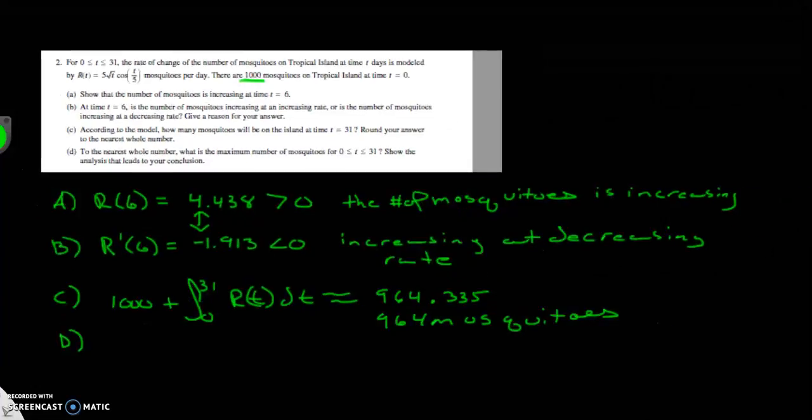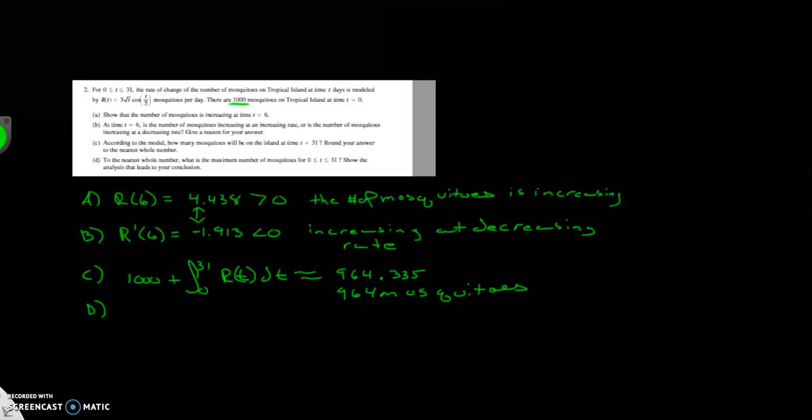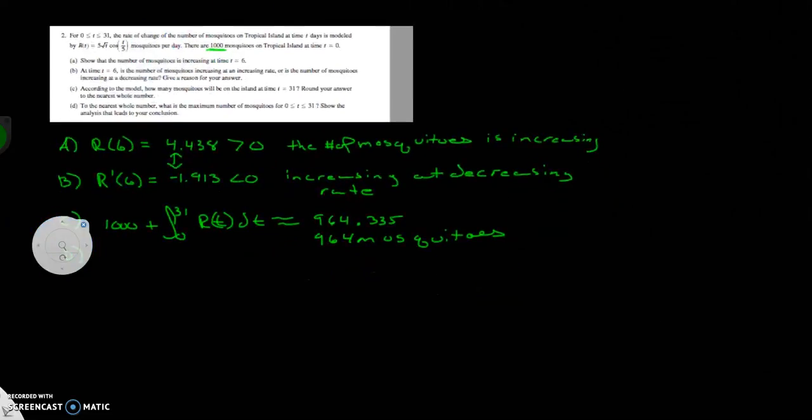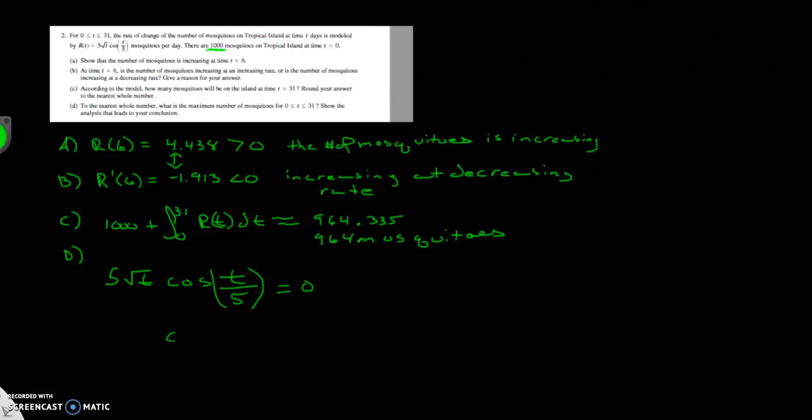Okay, let's go back to our other graph. So now I'm going to minimize this. And now let's say, for whatever reason, you didn't graph it or you weren't sure. You would have to set the rate function to 0. So 5√t cos(t/5) = 0. So when you do this, you'd get cosine of t/5 equals 0. Where is that going to occur? Well, here's the graph of cosine.